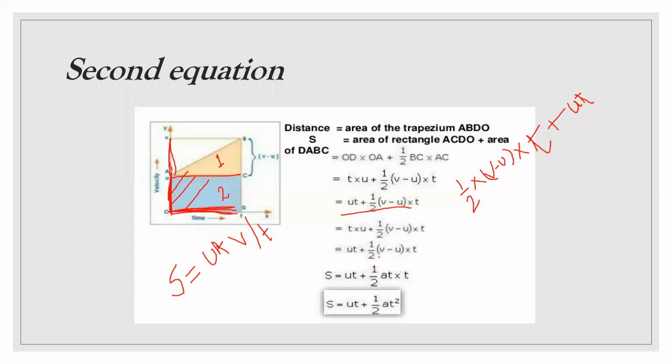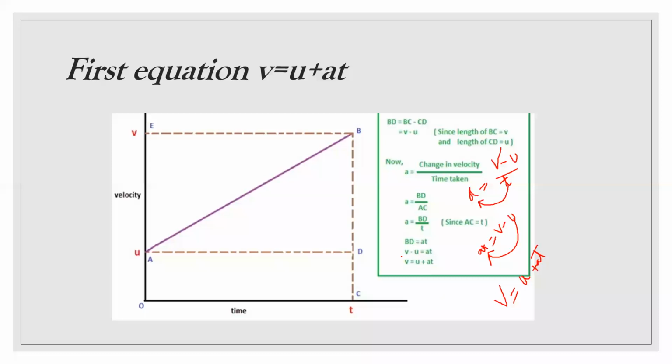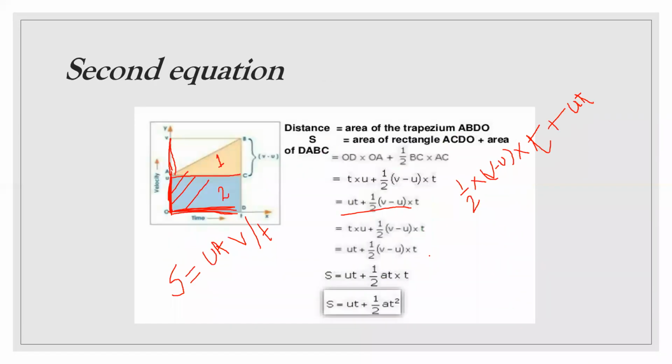Now, from the first equation, v minus u equals to what? v minus u equals at. So this v minus u can be replaced by at, correct? And this is this t, and this is this ut, correct?